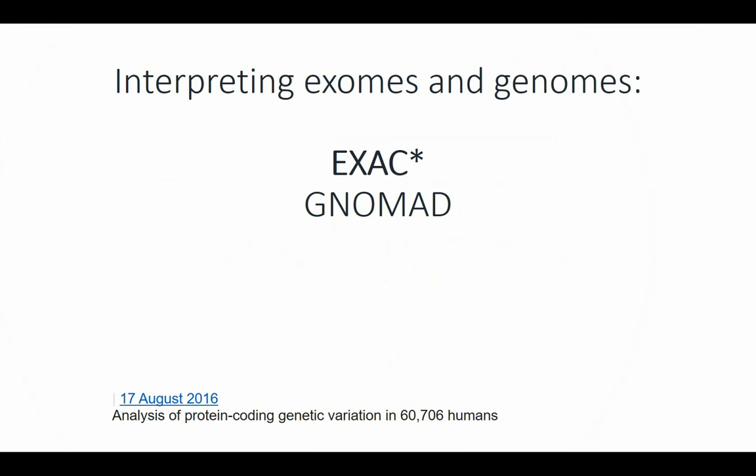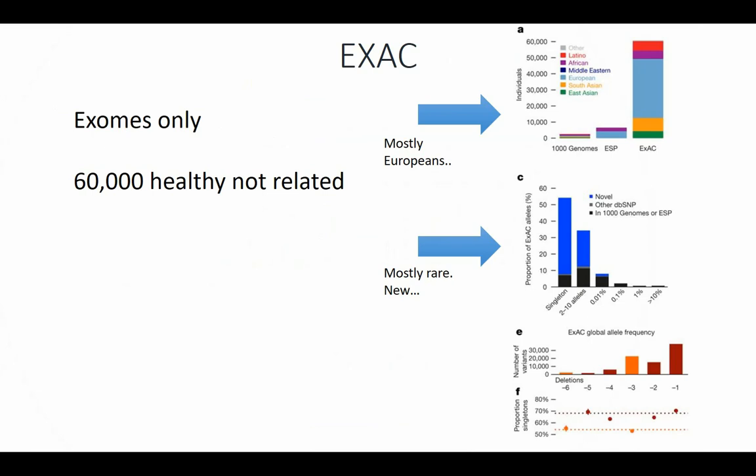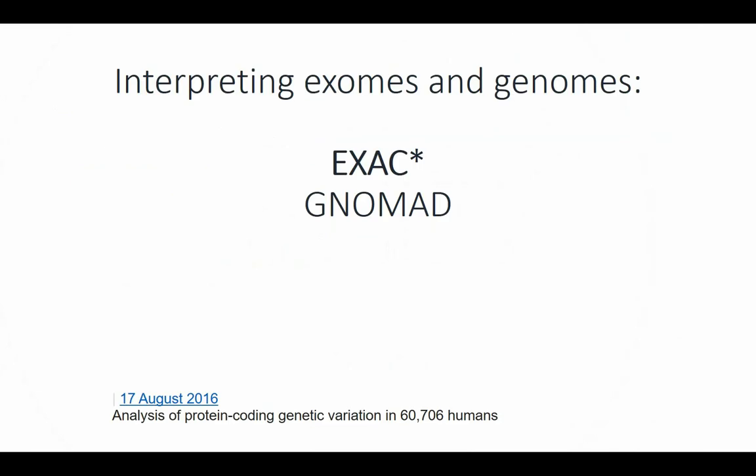Now, ExAC, very briefly: ExAC was initiated in 2016, basically after the 1000 Genomes. And the idea was the following. Let's take 60,000 healthy people, not related to each other, representative, and do full exome sequencing, not genotyping, sequencing.